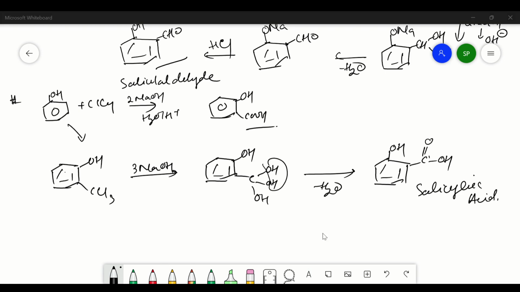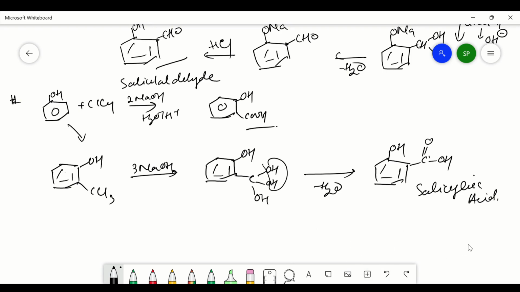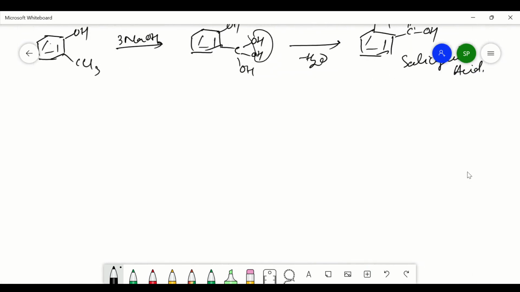Next reaction is diazonium coupling. This phenol undergoes reaction with benzene diazonium chloride to give diazonium coupling.